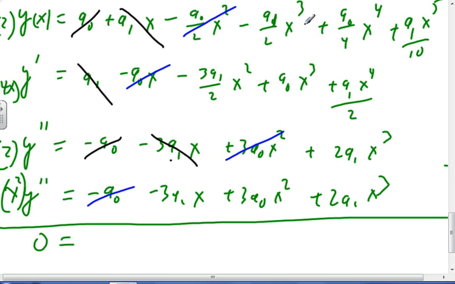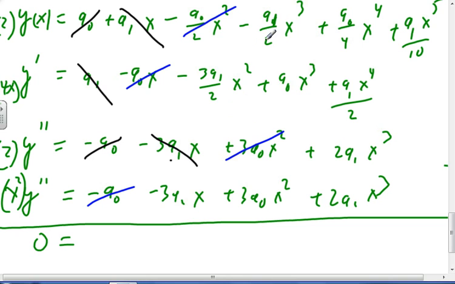My x cubed term, I've got minus 1, minus 1, minus 7, minus 7, plus 4, plus 4, minus 4. Bummer, bummer, bummer.